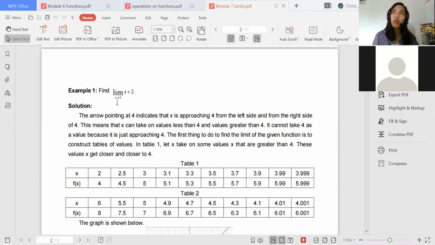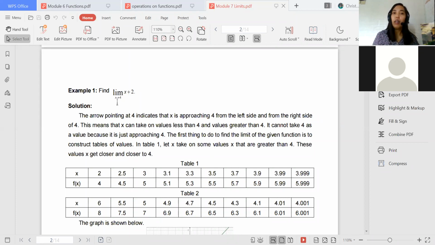What are the values of x na papalapit kay 4? Ano yung mga value na nasa right ni 4? Ano yung mga number na nasa left niya? Anong nangyayari kapag papalapit sila kay 4? Anong nangyayari sa value ni y?